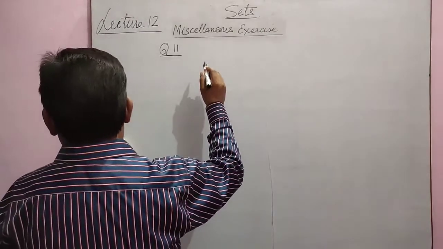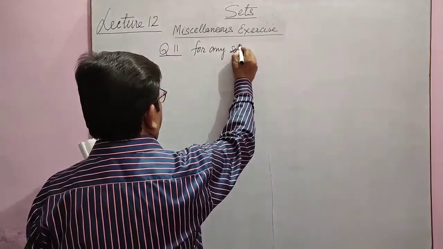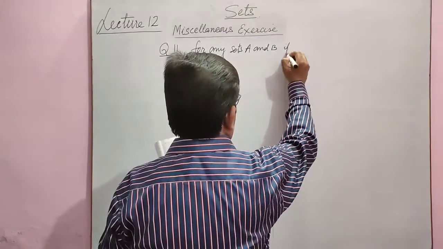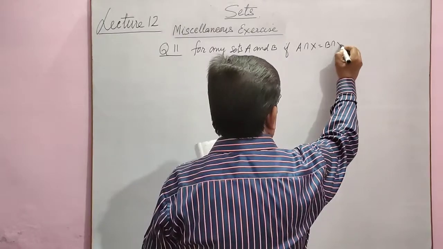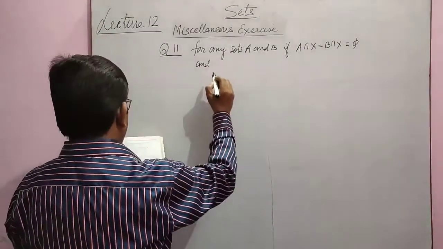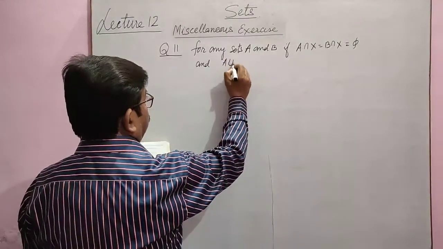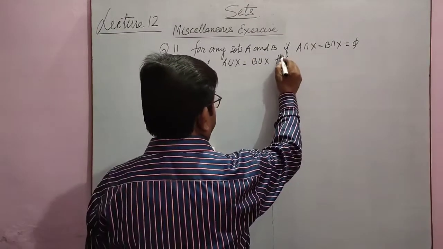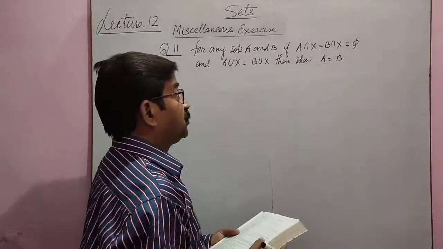Given that for any sets A and B, if A intersection X is equal to B intersection X is equal to phi, and A union X is equal to B union X, then show A is equal to B. Try to understand.